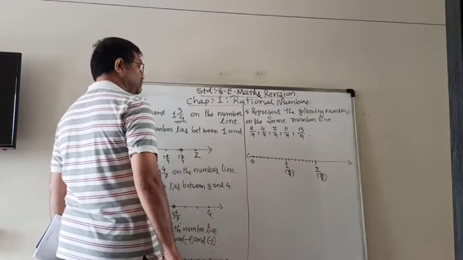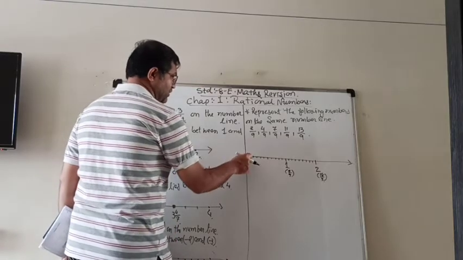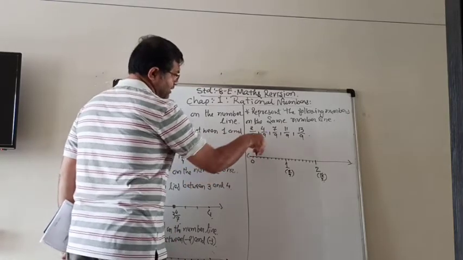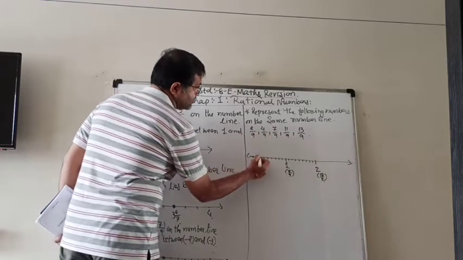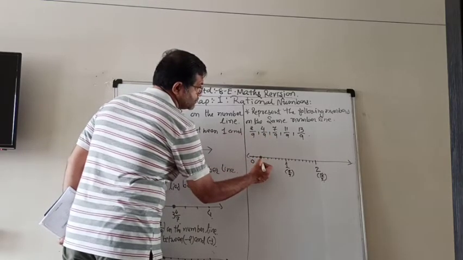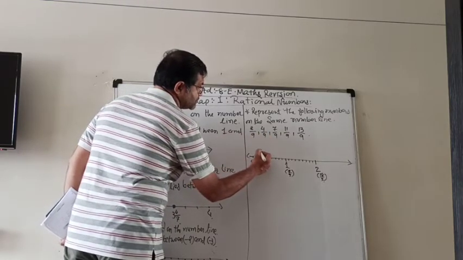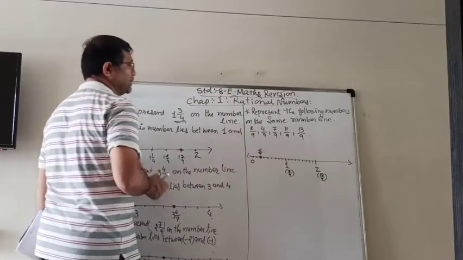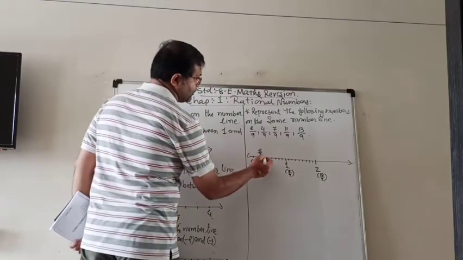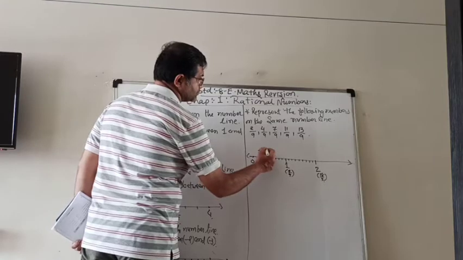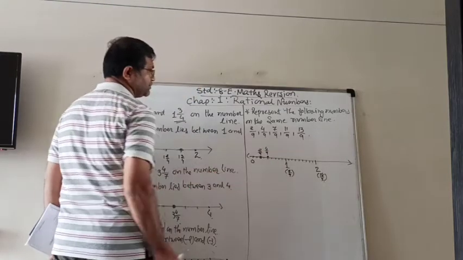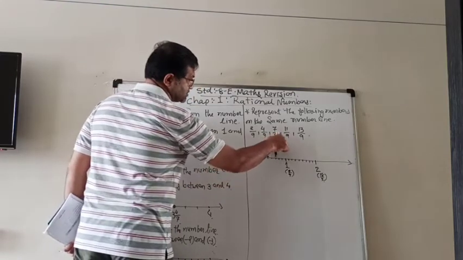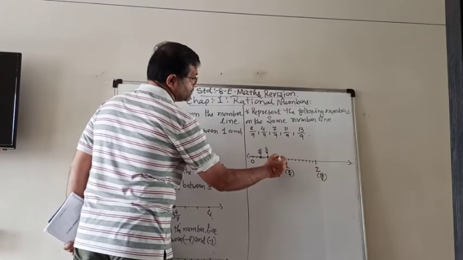So now, start from here: 1 upon 9 and the second one, that is our 2 upon 9. Then that is 3 upon 9. The next one is 4 upon 9. Then 5 upon 9, 6 upon 9, 7 upon 9.